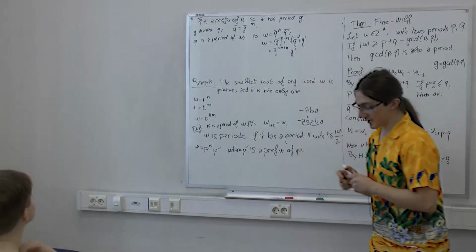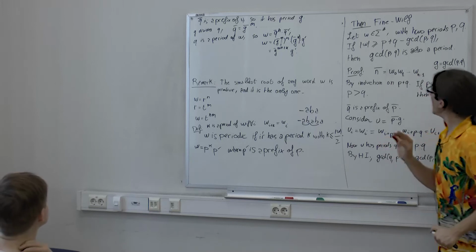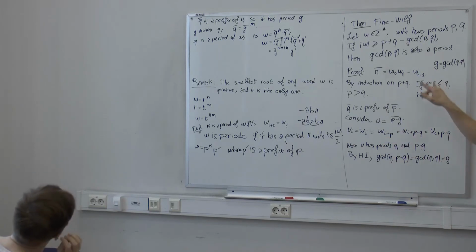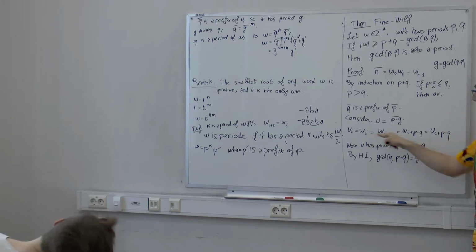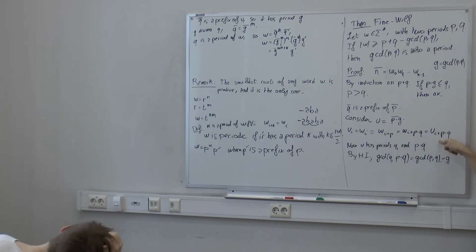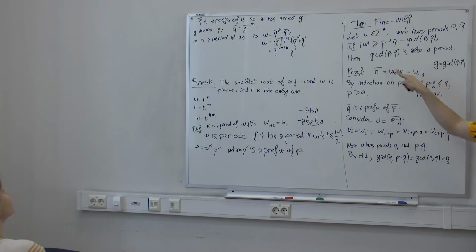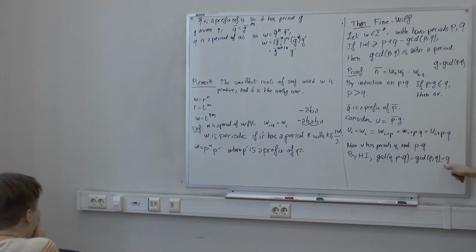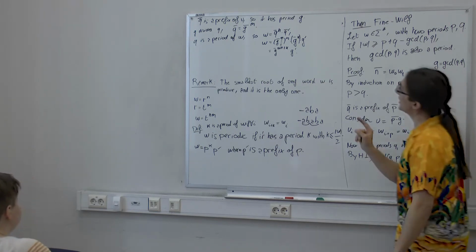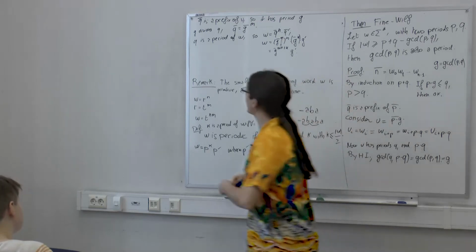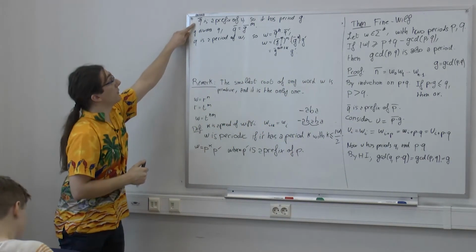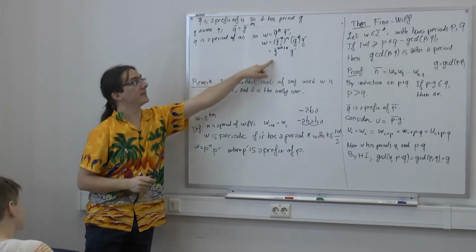So the core idea, maybe the technicalities are a bit dirty, but the core idea is that first you consider a prefix of this length. You can deduce that this prefix has this period just by writing equalities you have in your hypothesis. You apply the induction hypothesis and you know that this smaller prefix has period G, but since G is the greatest common divisor, it divides the length of Q, so you can rewrite everything and get this in the end.